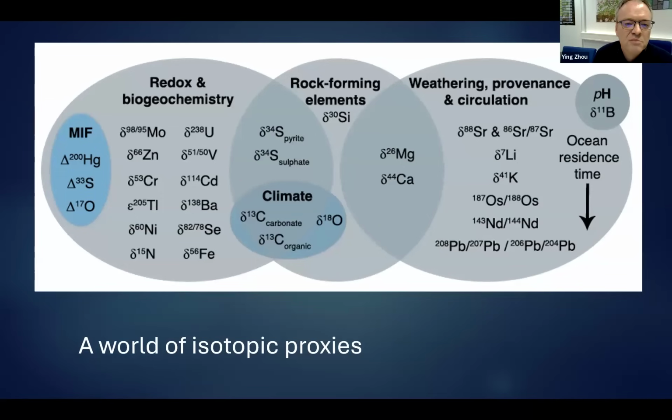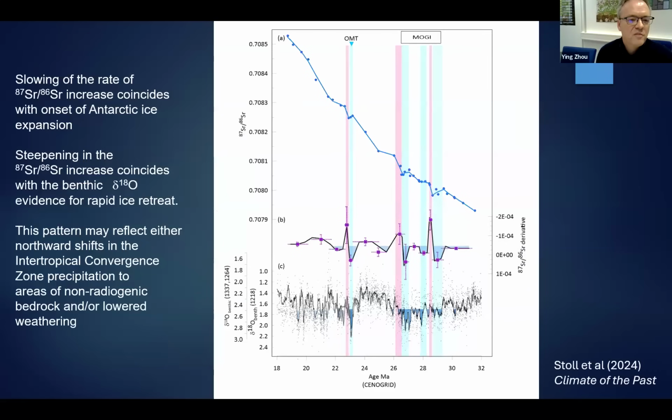So it's always worth remembering this is a proportional parameter, and it can be used in conjunction with other isotopes like lithium, which is less dependent on the isotopic composition of the material undergoing weathering. Strontium will be dependent on that as well, obviously, because some materials will be more radiogenic than others. And then as we go down this list, we start to see heterogeneity from ocean basin to ocean basin, which we don't see with strontium.